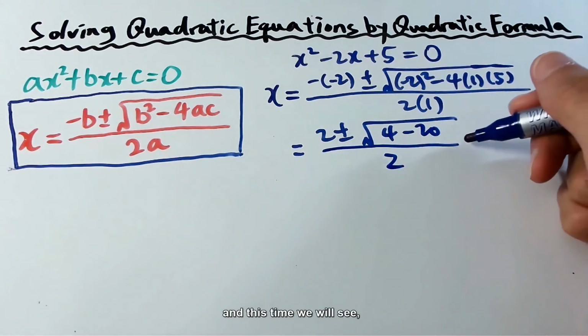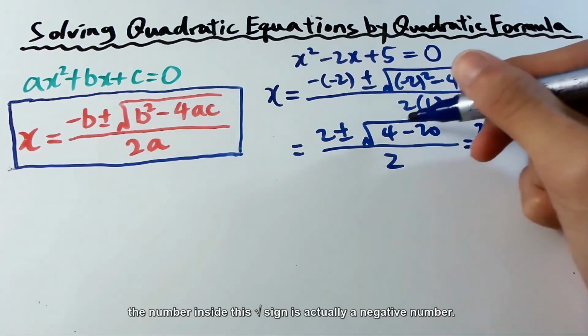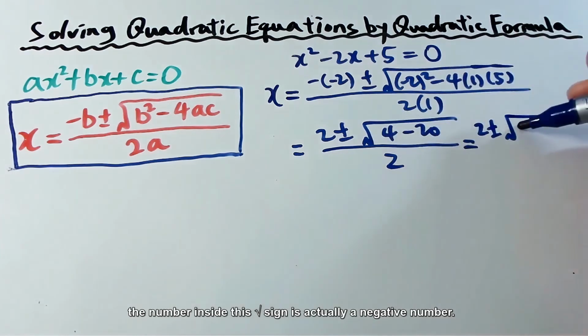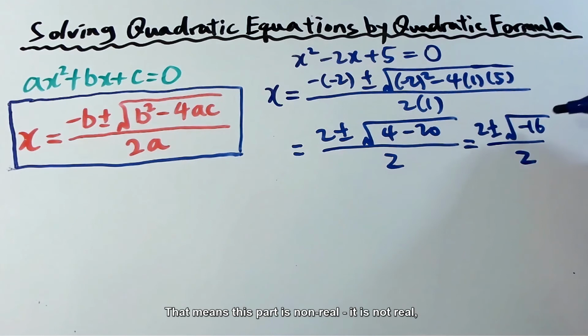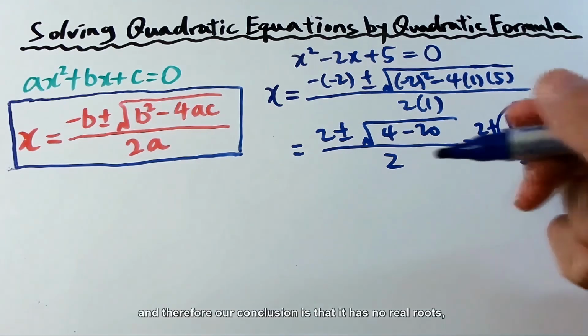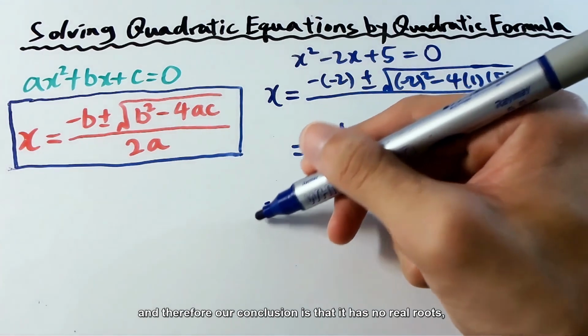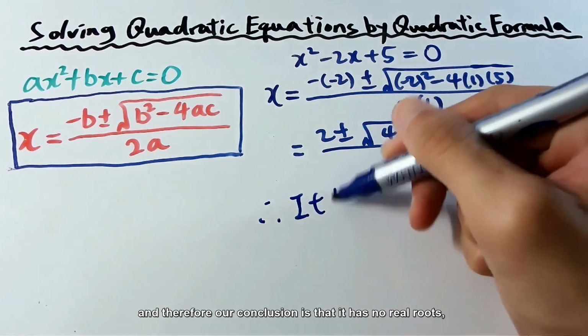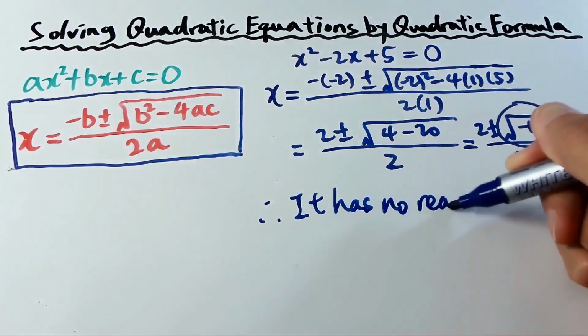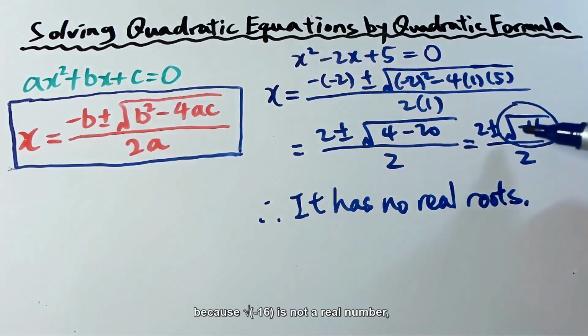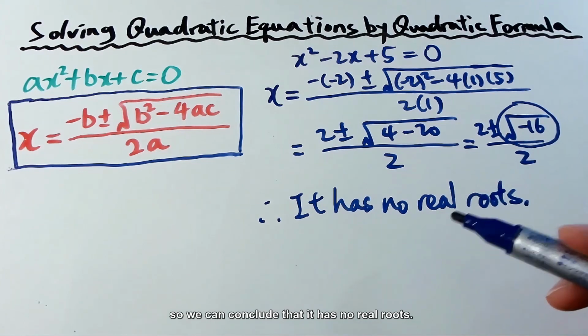And this time we will see, okay, the number inside the square root sign is actually a negative number. That means this part is non-real, it is not real. And therefore our conclusion is that it has no real roots. Because the square root of minus 16 is not a real number, we can conclude that it has no real roots.